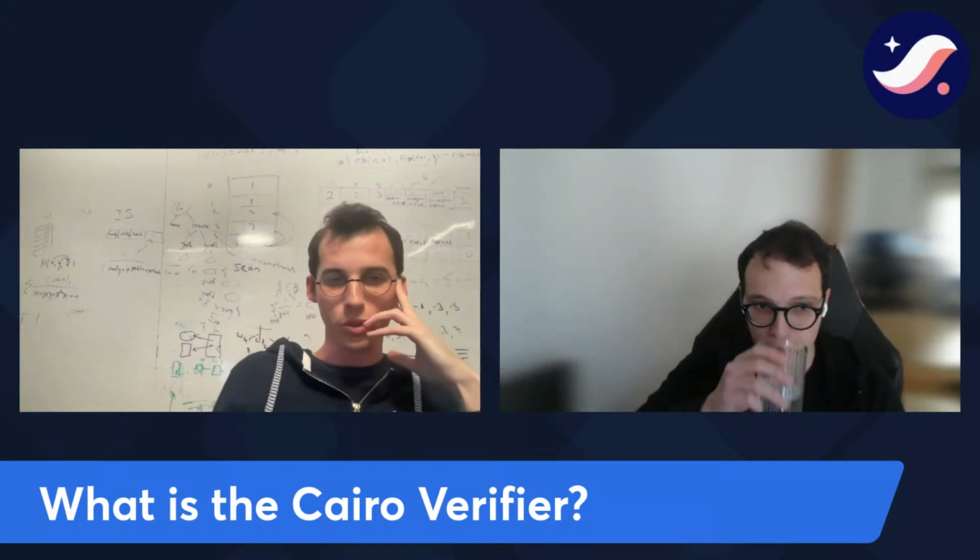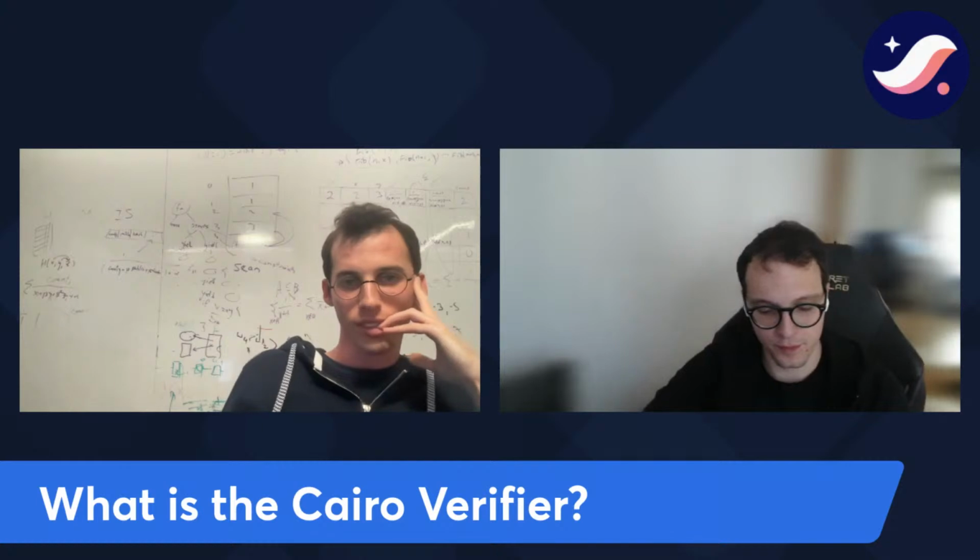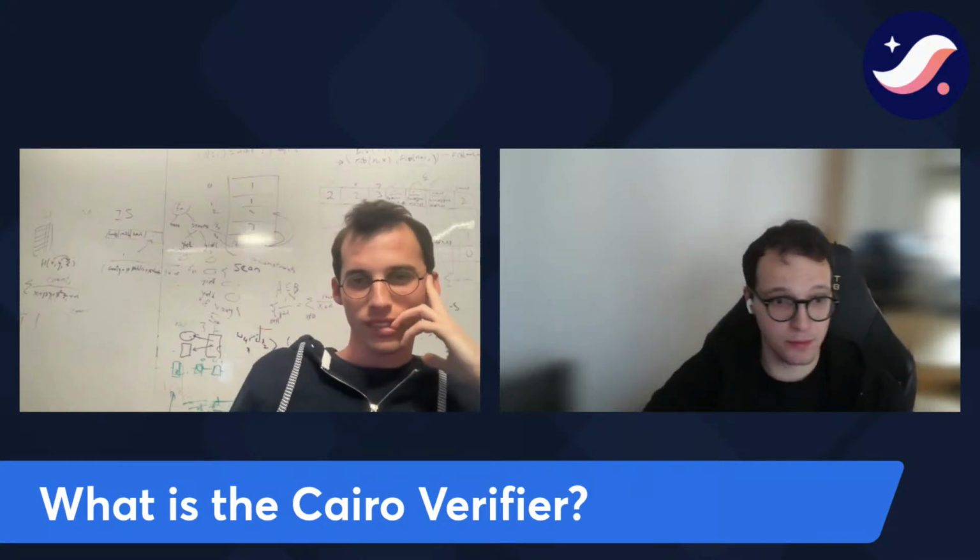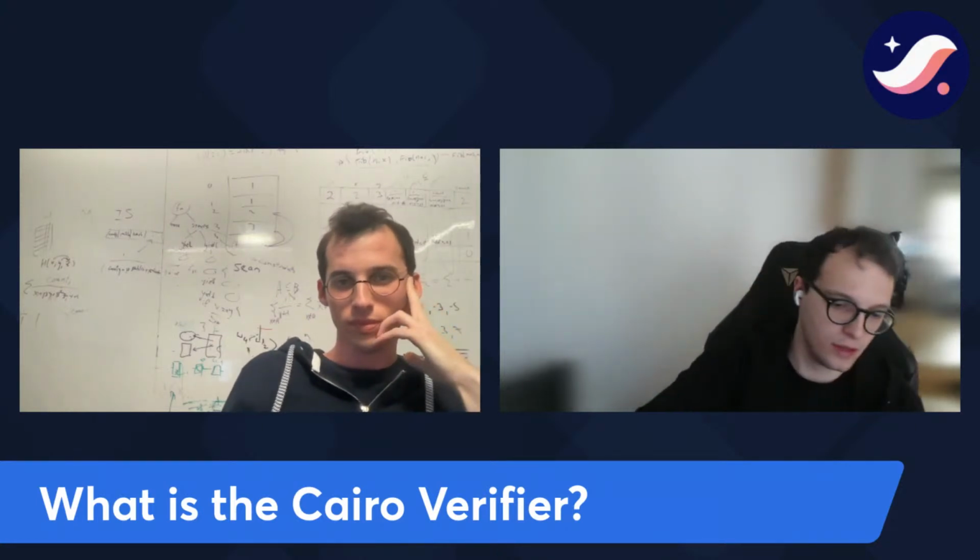Cool. Anything you want to add to this part? Yeah, maybe just for some context, why this is also useful for Herodotus. For those of you who don't know, at Herodotus we allow smart contracts to access historical data as well as data located in other places on Ethereum. And one of the tricks we use to make this possible is something that we call generating and updating the historical block hash accumulator.